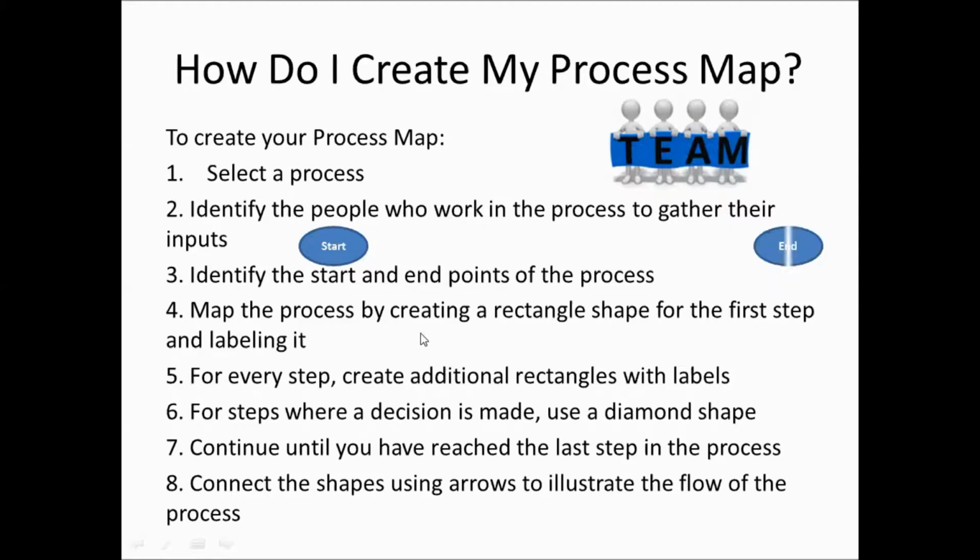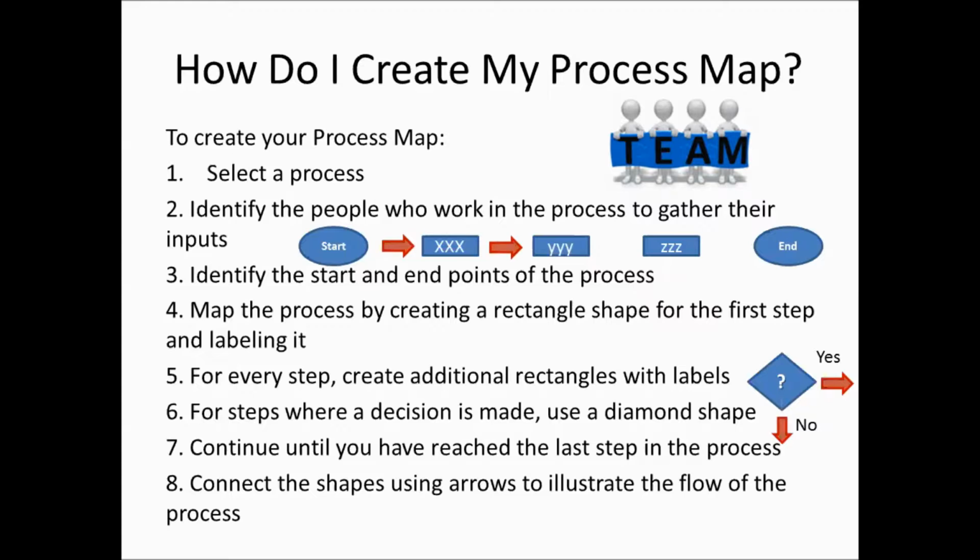Put the start and the end, then put every step with a label in between, and if there is a decision, make a diamond, yes in one direction, no in another direction, and then put arrows showing the direction of the process till the end.